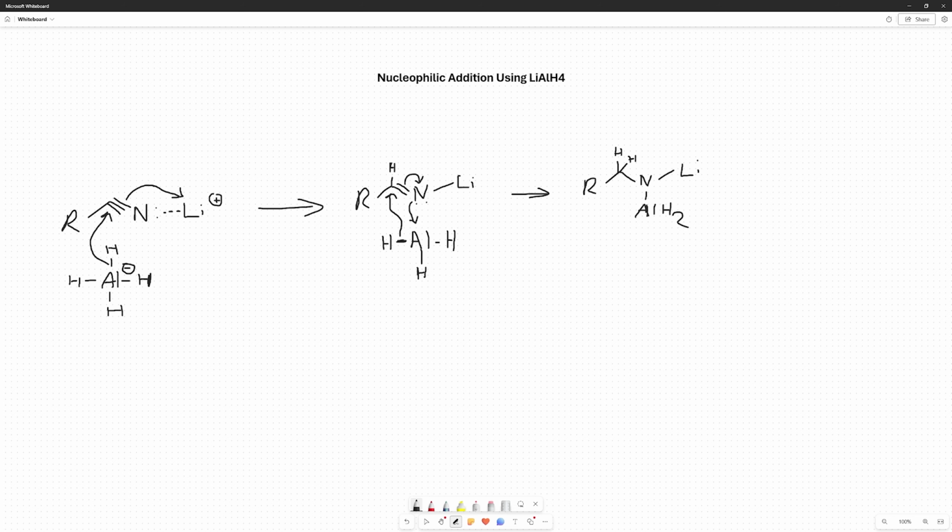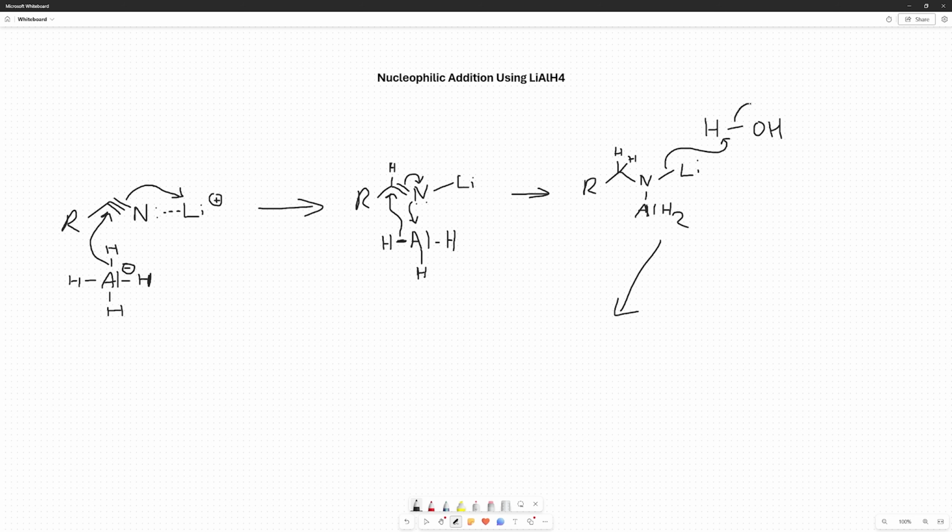So from here, the next two steps are hydrolysis of this imine salt. So you'll have the compound and you'll add water. So you can just draw it like that because this is the only bond that matters. And what's going to happen is this bond between lithium and nitrogen is going to break, and it's going to go to the hydrogen.